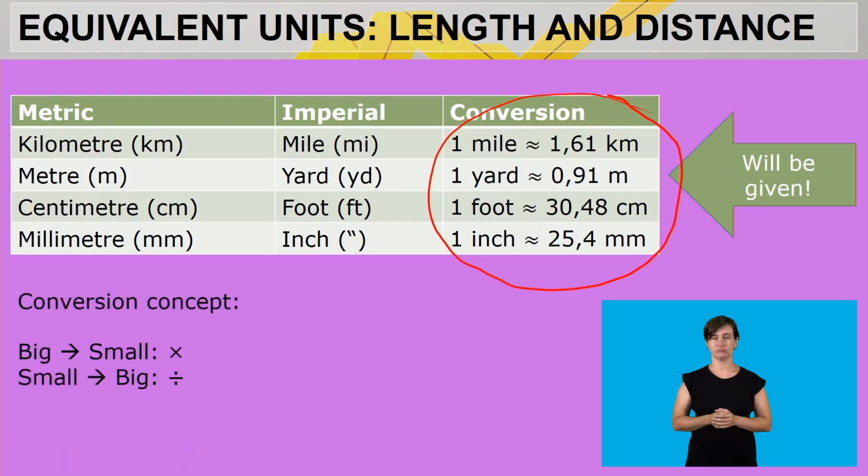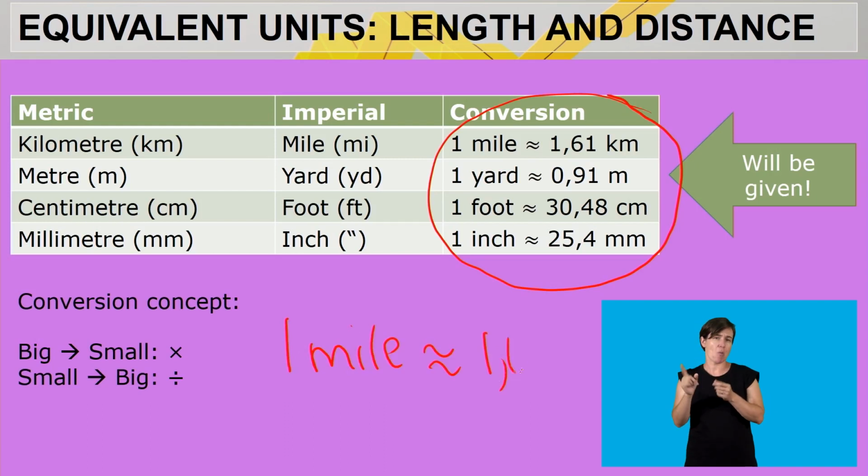So now, let's look at the conversion concept. When we go from the big one to the small one, we times, and from small to big, we divide. Where does that come from? Let's look at one. 1 mile is more or less 1.61 kilometers.